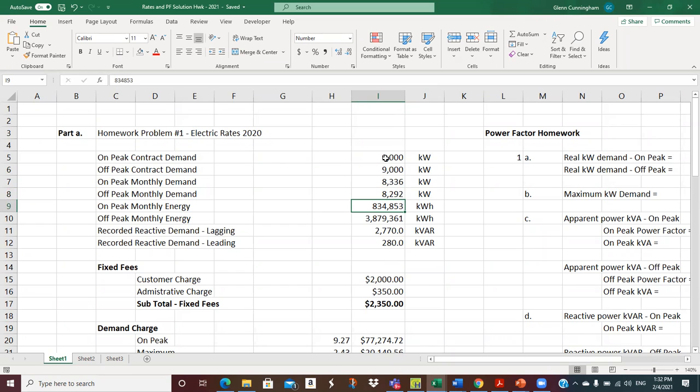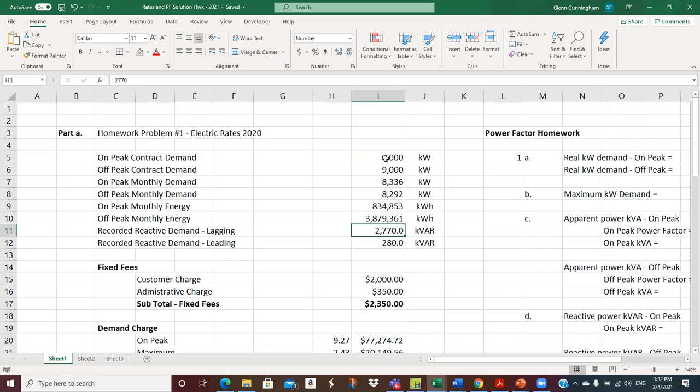On-peak energy, 34,853. Of course, that's 6 hours a day, so you expect it to be much smaller. And then off-peak monthly energy, 3,879,361 kilowatt hours.